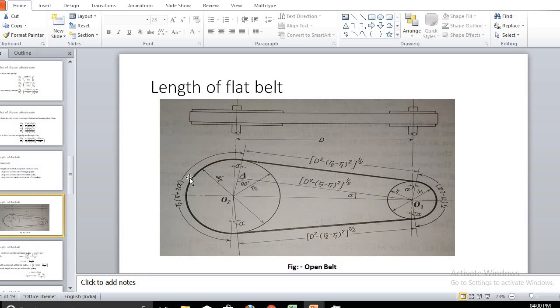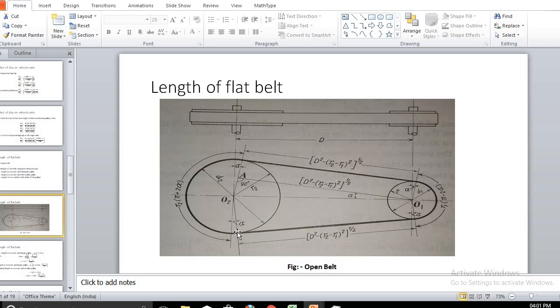The angle occupied by this arc on the larger pulley is 180 degrees plus this alpha and this alpha, that is pi plus 2 alpha. The angle occupied by the arc on the smaller pulley is 180 minus alpha and alpha, that is pi minus 2 alpha.